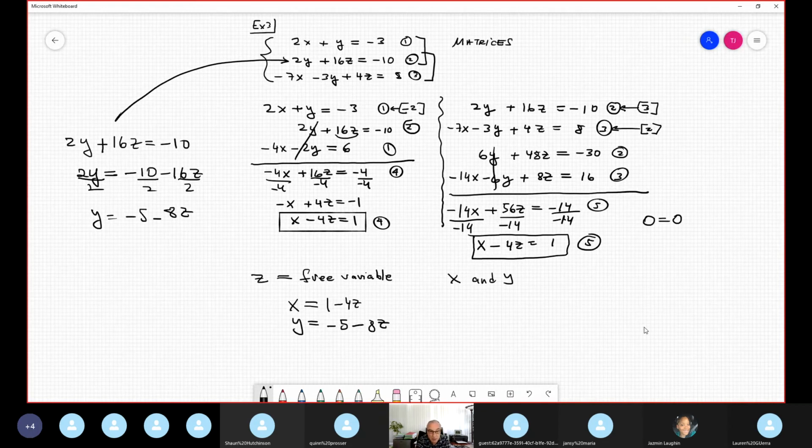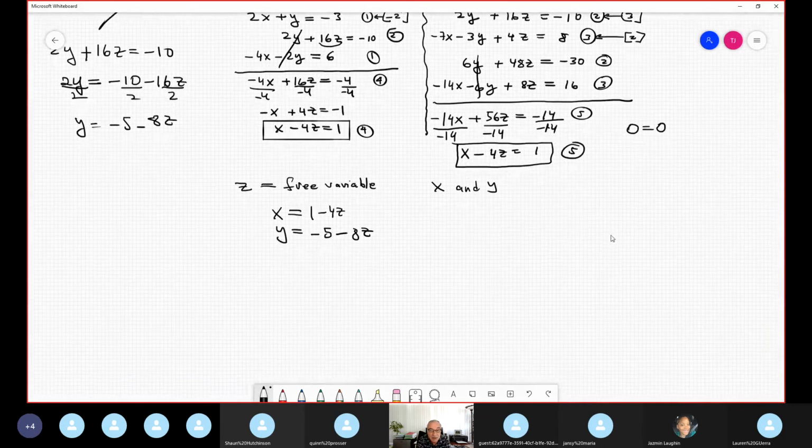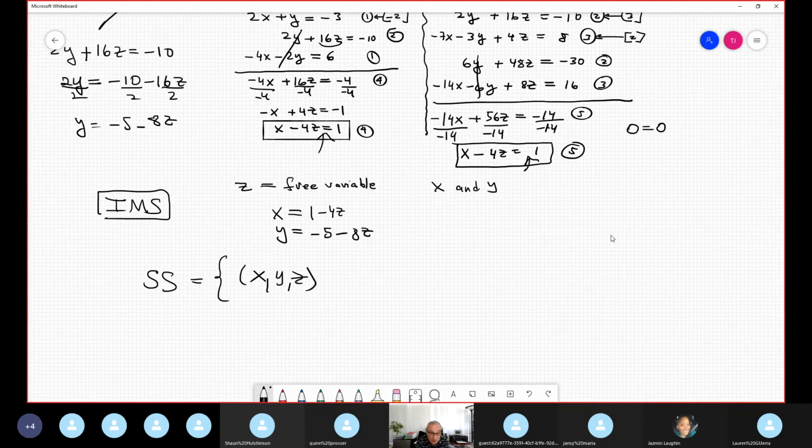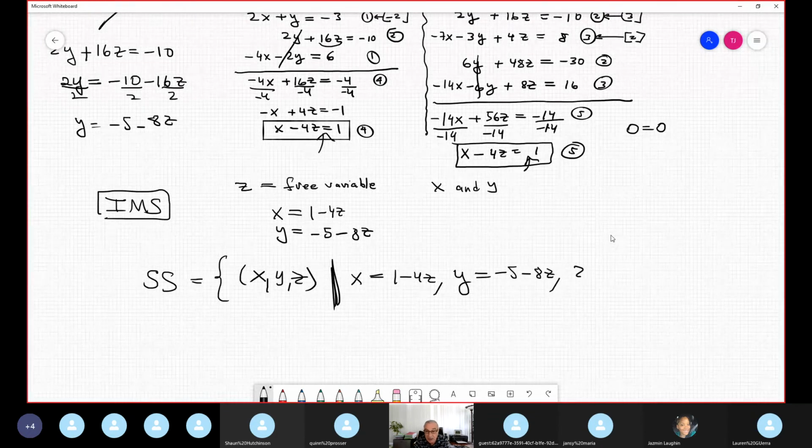One way to express the solution set, and by the way, I know there are infinitely many solutions, because this expression and this expression are identical, is the ordered triple x, y, z such that x is equal to 1 plus 4z, y is equal to minus 5 minus 8z, and z is any real number.